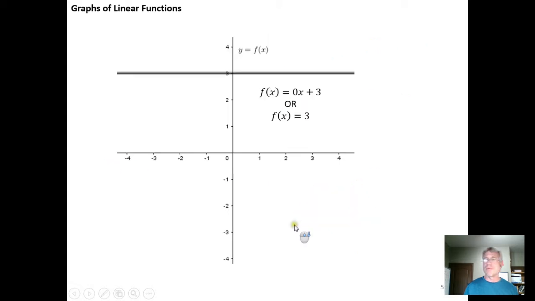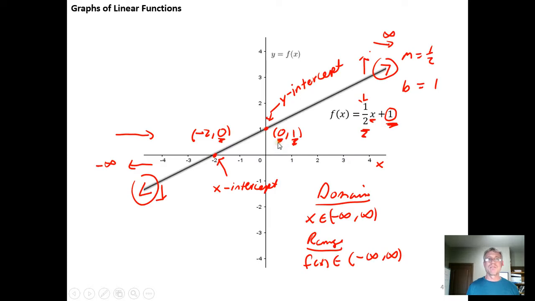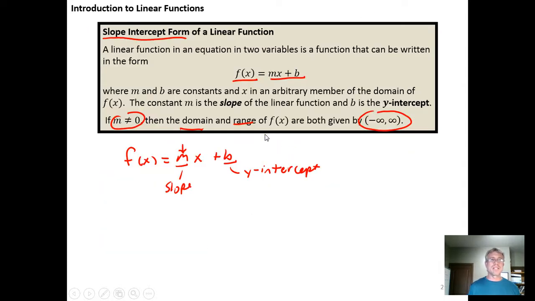So for example, I have here the linear function given by f of x equals 0x plus 3. And on that first slide, recall that it said, hey, as long as the slope isn't 0, the domain and range are always negative infinity to infinity.